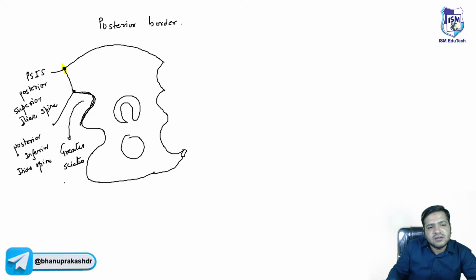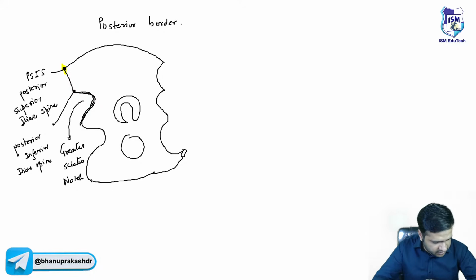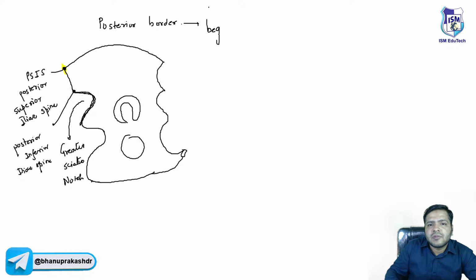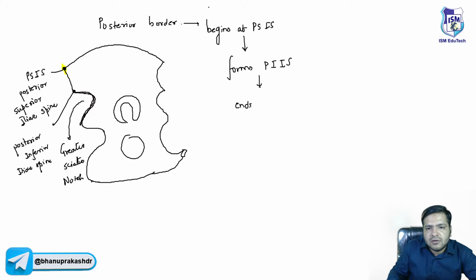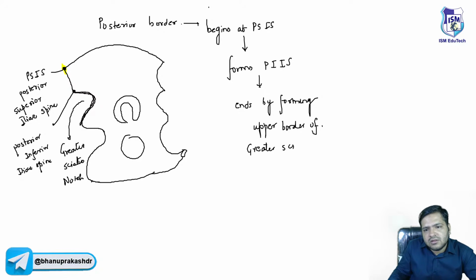Remember beta, if we talk about the posterior border, it begins at PSIS, the posterior superior iliac spine, then forms the posterior inferior iliac spine, then ends by forming the upper border of the greater sciatic notch.